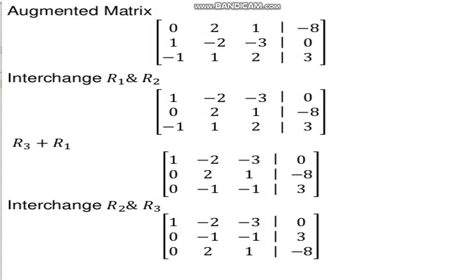Interchange row 2 and row 3, we get the matrix 1, -2, -3, 0, 0, -1, -1, 3, 0, 2, 1, -8.